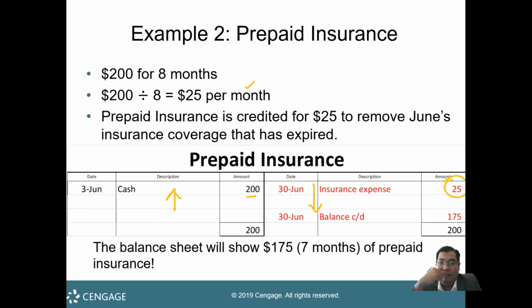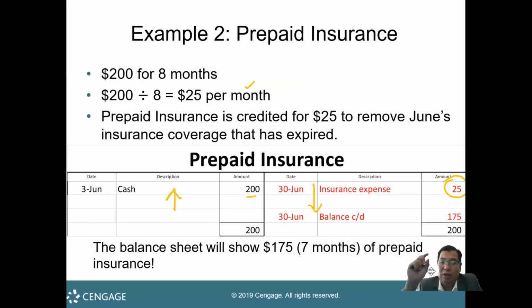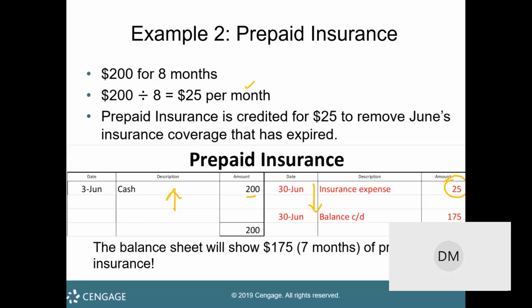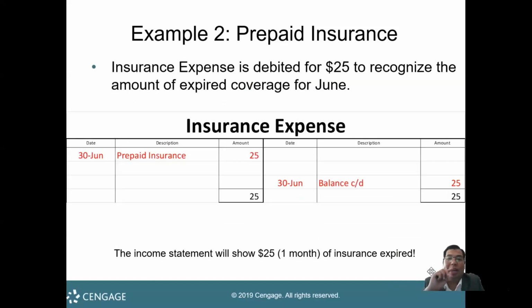So the entry over here will be insurance expense debit and prepaid insurance credit. Yes, correct. That $25 will be our insurance expense for the month of June. So I'm going to reduce my prepaid insurance and increase my insurance expense.